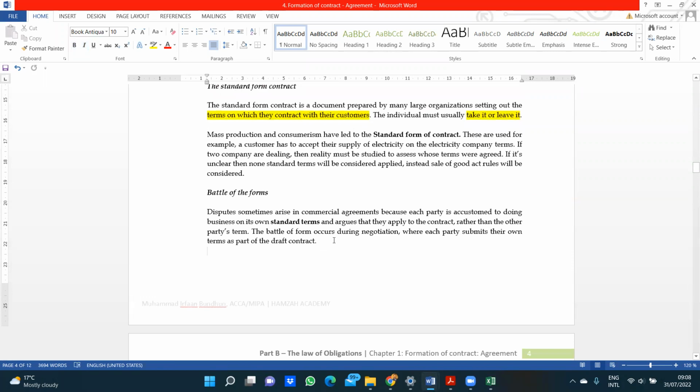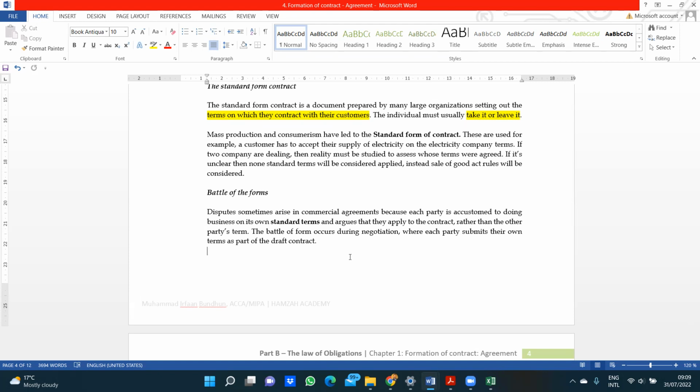Battle of forms. Disputes sometimes arise in commercial agreements because each party is accustomed to doing business on its own standard terms and argues that they apply to the contract rather than the other party's terms. This part of the chapter leads to the standard form of contract against generic terms and conditions when entering into business between the parties.